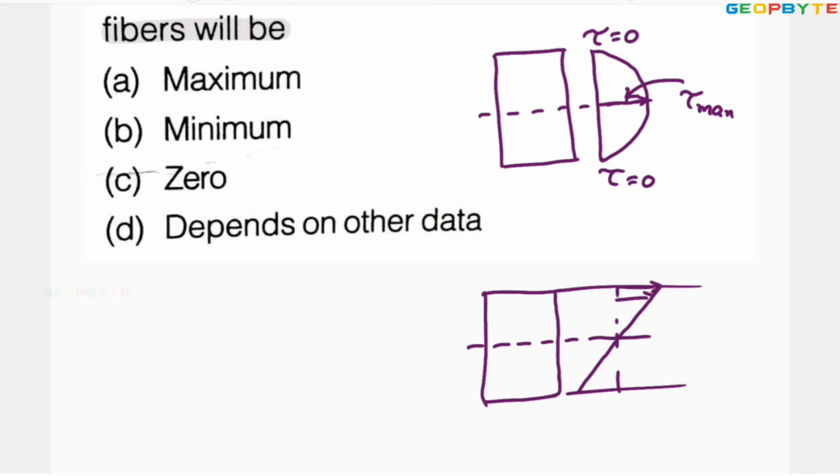One side it is tensile stress, the other side it is compressive stress. So once the beam is bent, if one side is tensile stress, the other side is compressive stress, and vice versa is also possible.